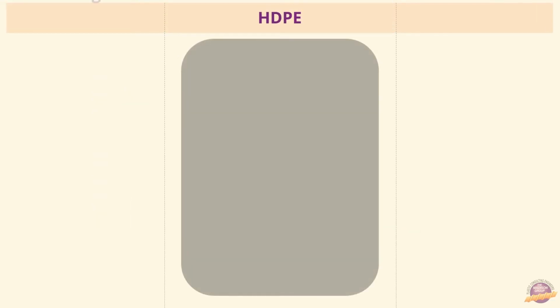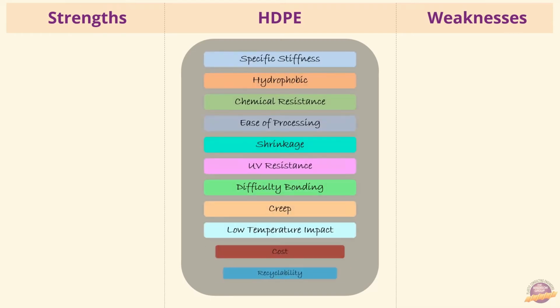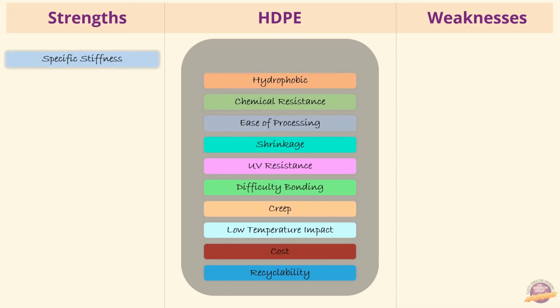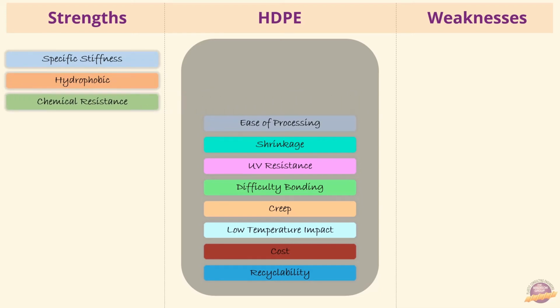To understand why HDPE may be selected for a given application, let's take a look at some of its strengths and weaknesses. The properties that make HDPE an attractive option for end users are its specific stiffness or stiffness to weight ratio, its low moisture absorption due to the nonpolar structure, its comparatively good chemical resistance.